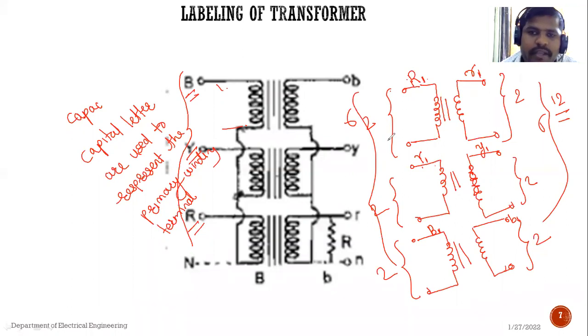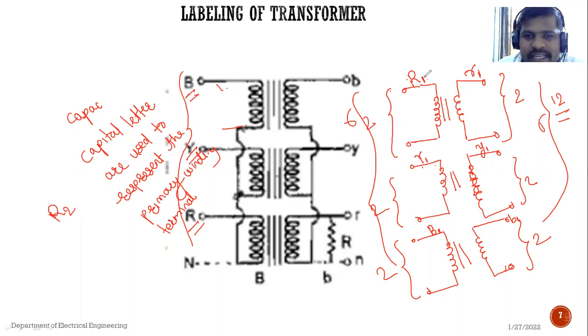Yes, sir. Okay. See, the capital letter is used to represent the primary winding terminal. Small letter is used to represent the secondary winding. Again, the suffixes 1 and 2 can be used. So suffix 2 can be used to represent the positive terminal of that winding.